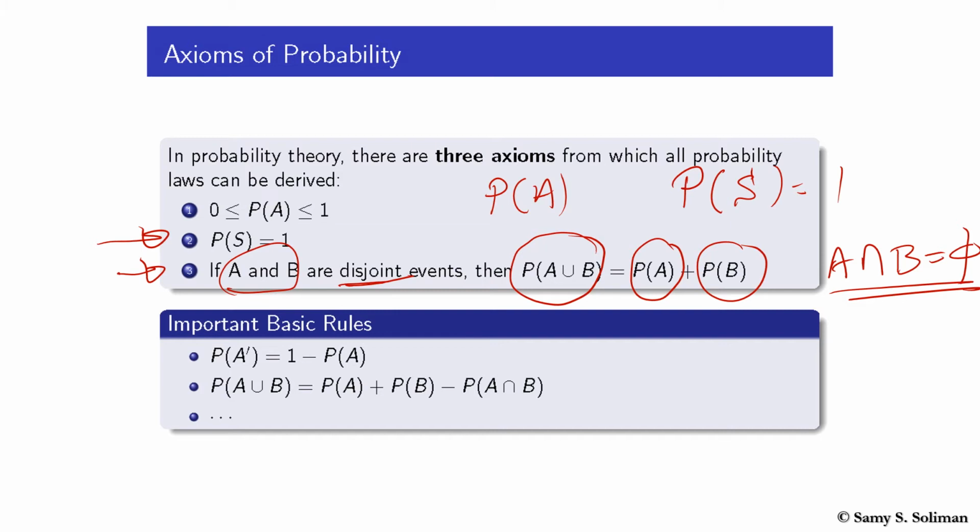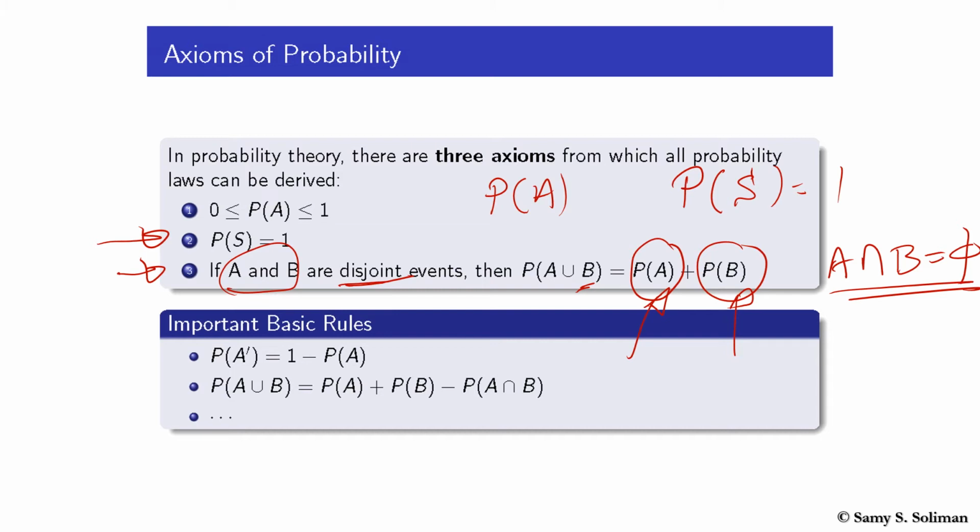And hence, if we want to calculate the probability of a certain event union another one, that will be the summation of the probability of occurrence of these two events. But again, this direct sum is only true if the two events are mutually exclusive and they are disjoint events.